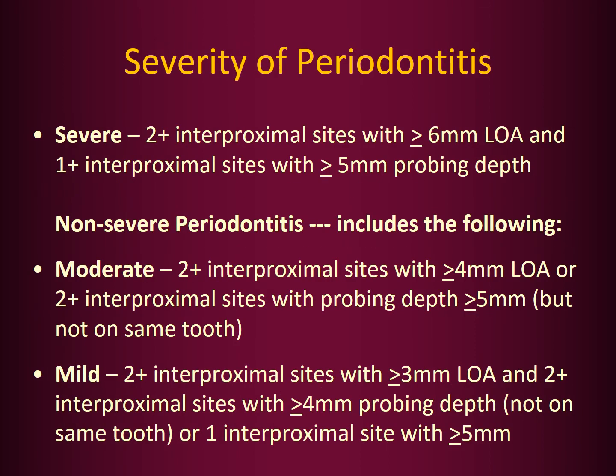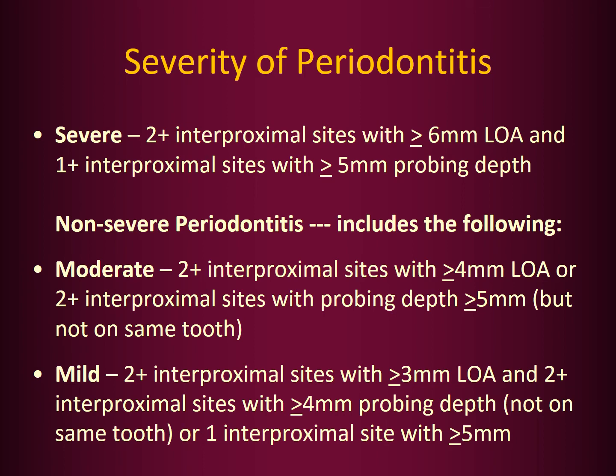Severity of periodontal disease was determined as follows. Severe disease was considered 2 or more interproximal sites with at least 6 millimeters loss of attachment and 1 or more sites with interproximal probing depth.